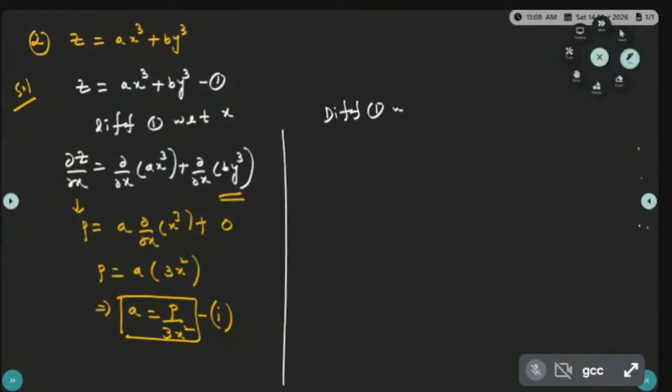Differentiate one with respect to y. Dou z by dou y, dou by dou y of ax cube, dou by dou y of by cube.